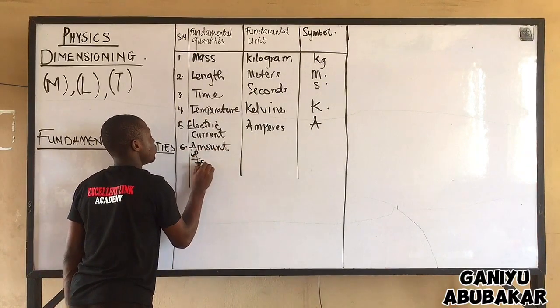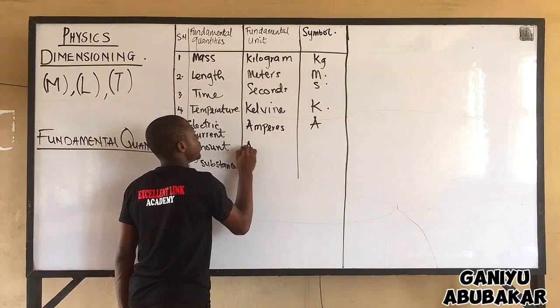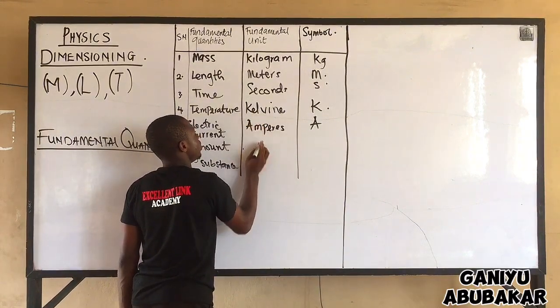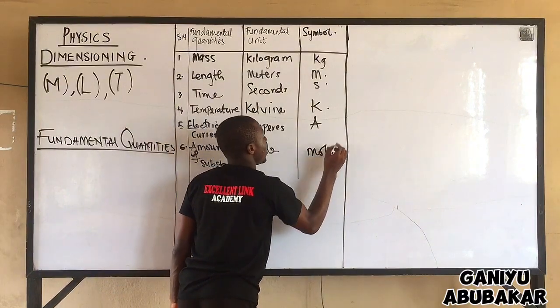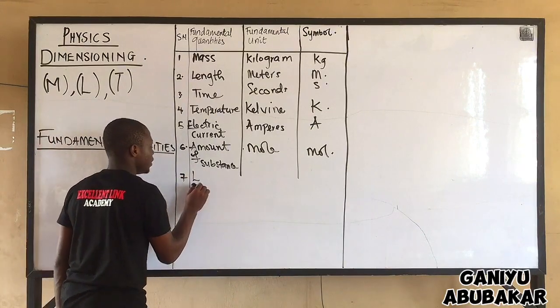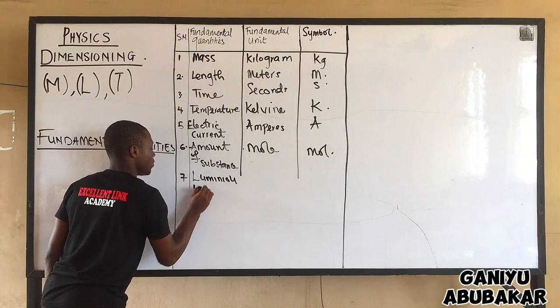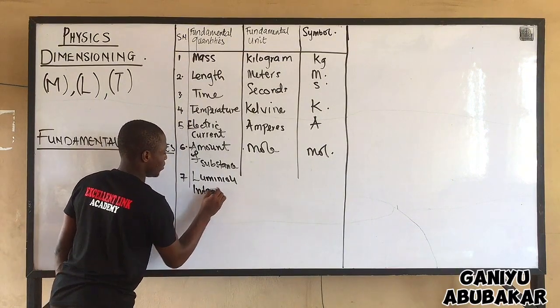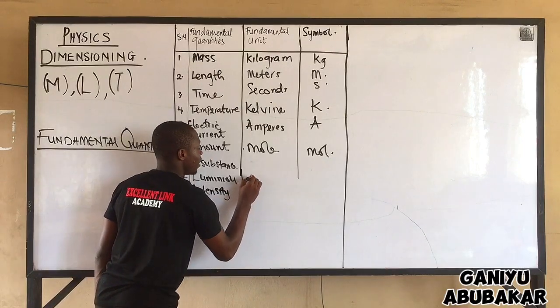Amount of substance is measured in mole, that's mol as a symbol. Finally, we have the luminous intensity, measured in candela.